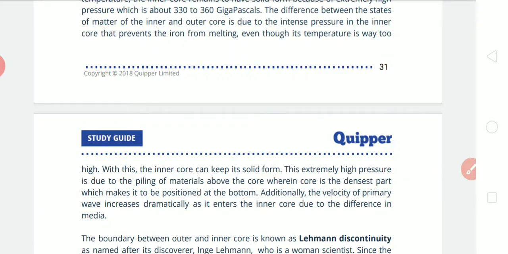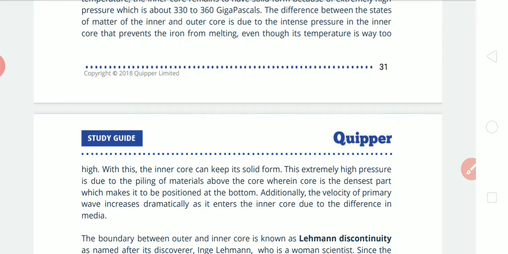So even though the inner core is hotter compared to the outer core, the outer core remains in a liquid state because it has less pressure compared to the inner core, where the pressure exerted is tremendous. That is why the silicates and iron become solid. The nickel and iron will form solid particles.